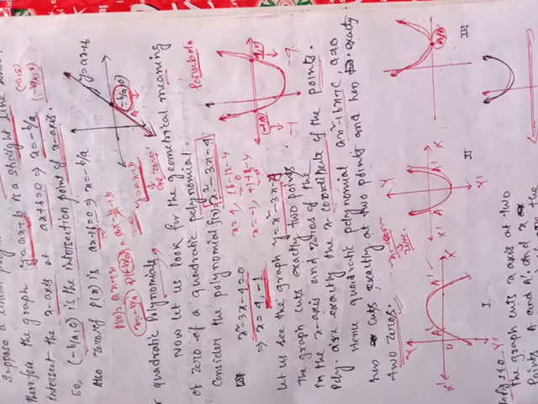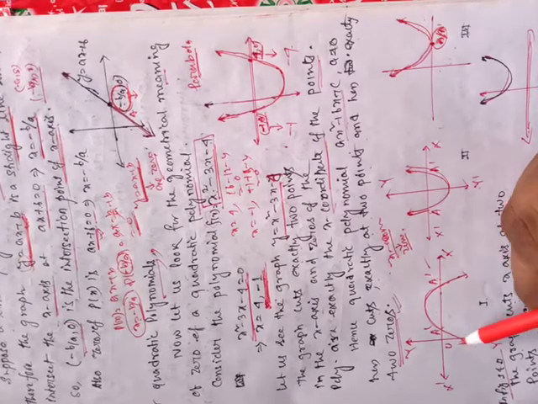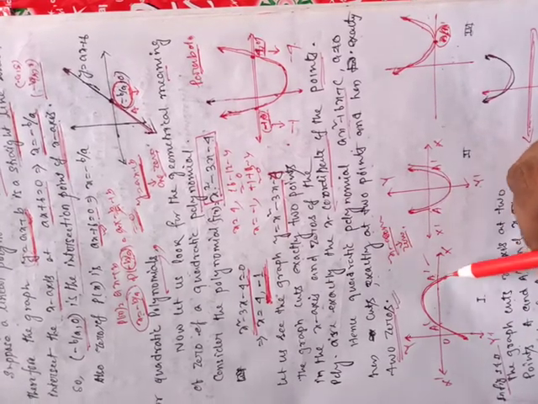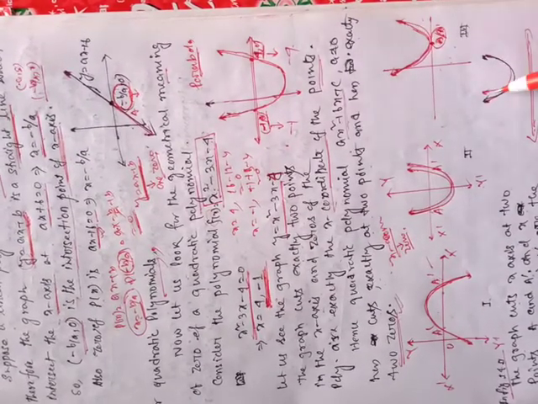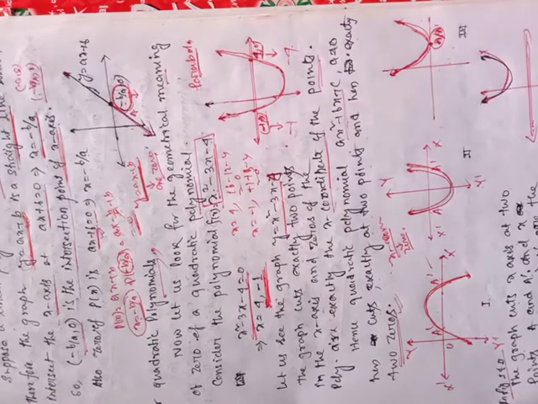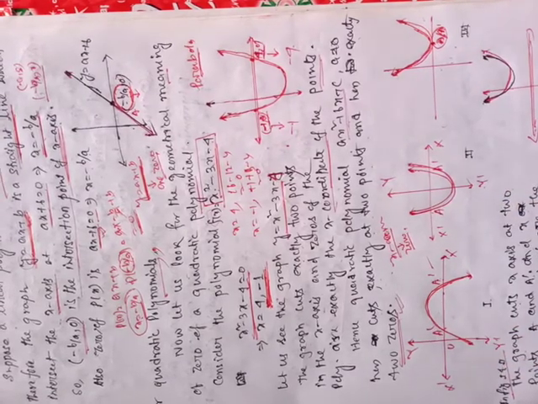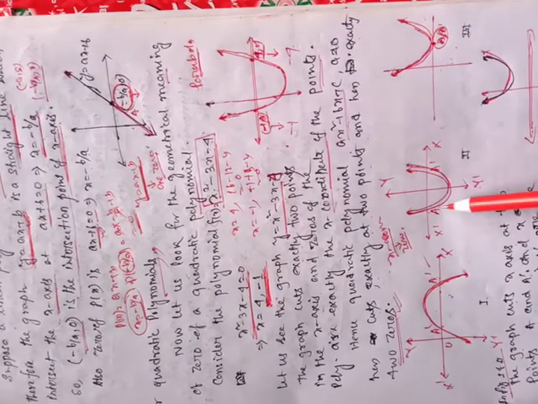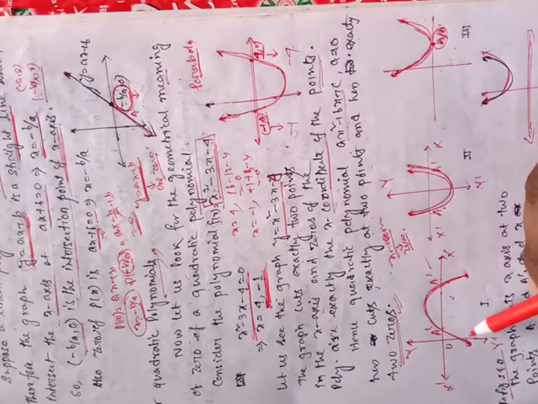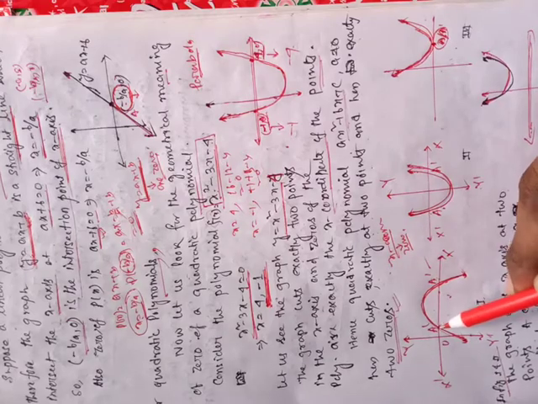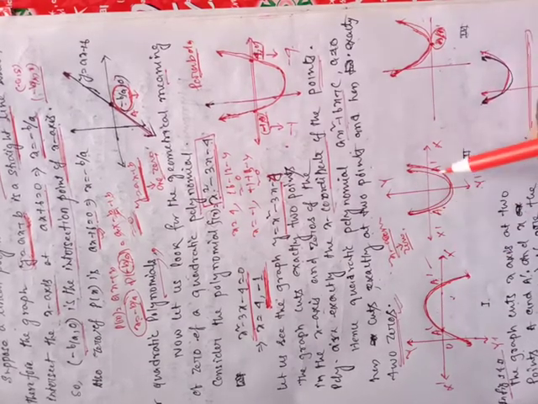Now we can see another form of the parabola. This parabola may be like this, maybe like this, and maybe like this. You can see in these four figures that in the first and second, the curve of the quadratic polynomial intersects in 2 points, A and A dash.